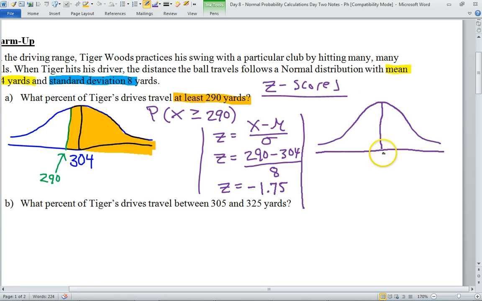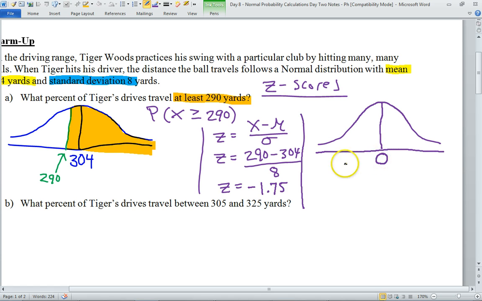If the mean is right in the middle, what's always going to be the z-score of the mean? Yeah, the z-score of the mean is always going to be 0. Why? Because these numbers tell me how many standard deviations I am to the left and right of the mean. The mean itself is always going to be 0 standard deviations away from itself.